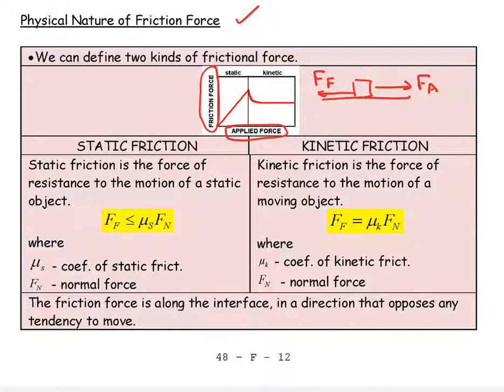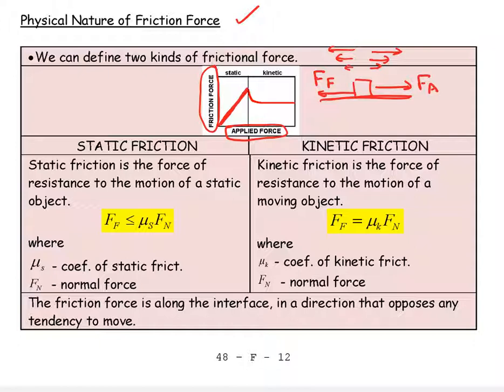What I'd find is when the object is stationary, I could apply a tiny little applied force, and because the object is in equilibrium, I'd create a tiny little frictional force. And if I increased my applied force, I'd increase my frictional force, and these would be linearly related to each other, and that is this static friction bit here.